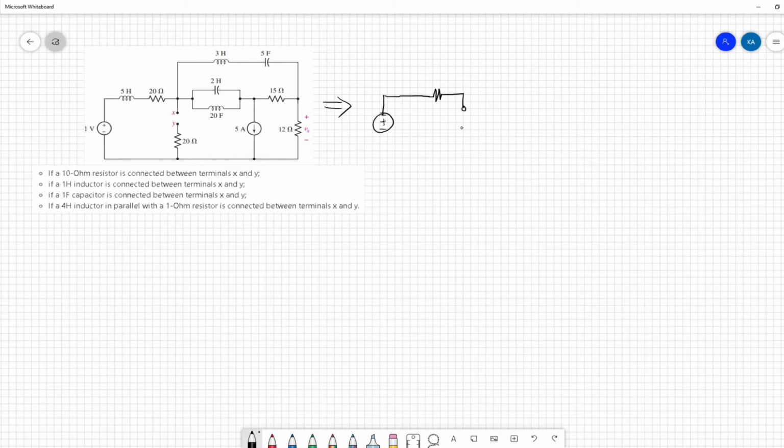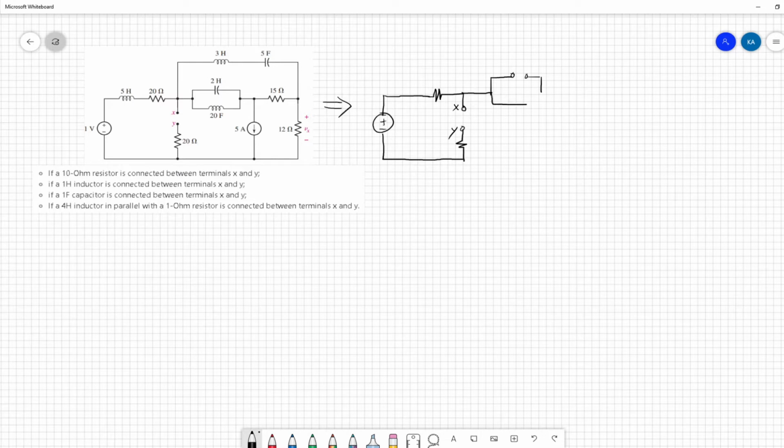We have X and Y. And we have an open circuit.